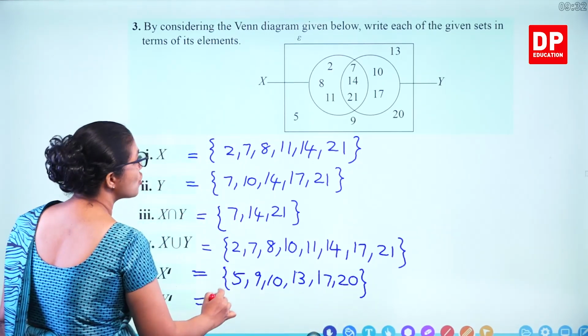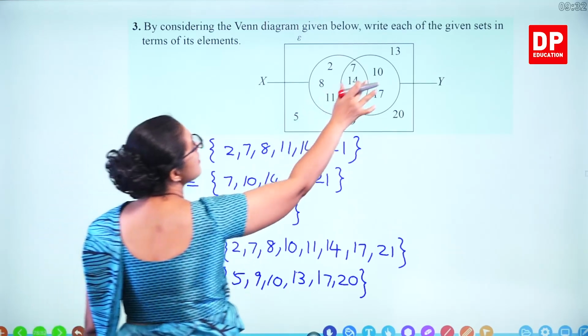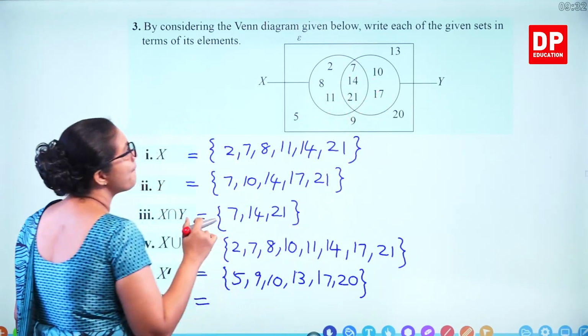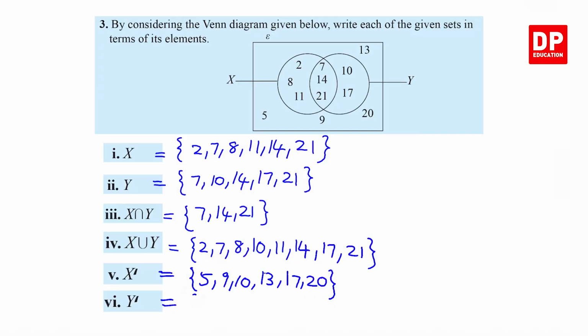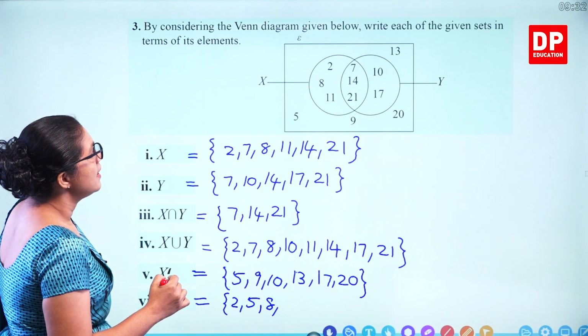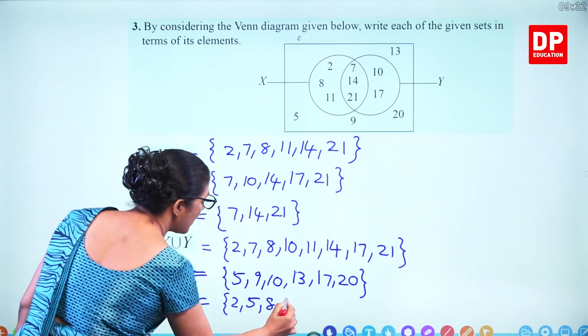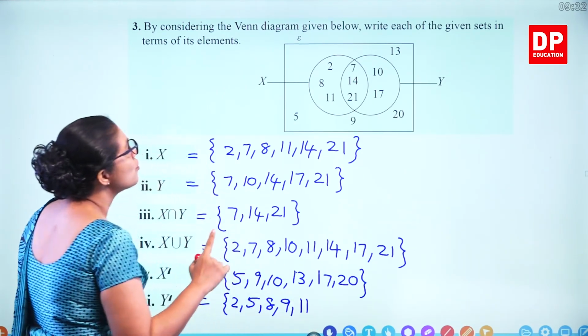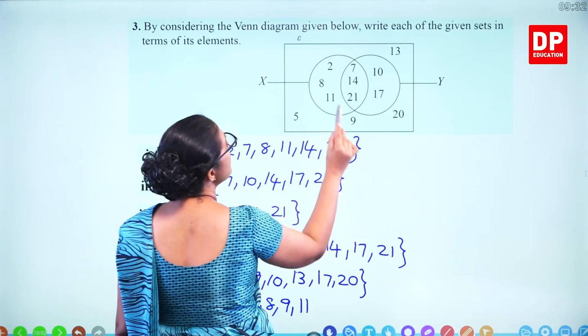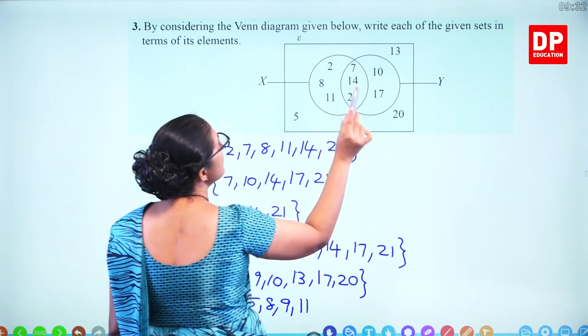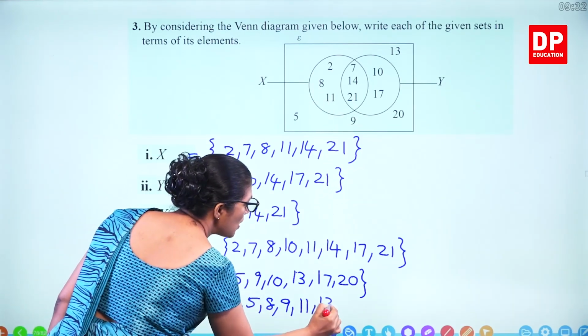And Y dash, everything not belongs to Y. What are the numbers? 2, 5, 8, 9, 11 also there. 2, 5, 8, 9, 11, 13, 20.